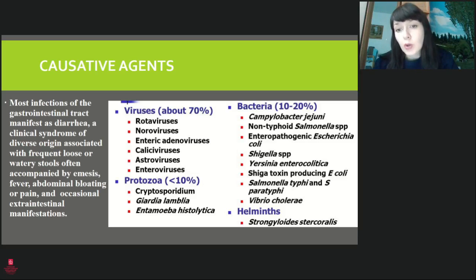About 10 to 20% are bacteria: Campylobacter, non-typhoid Salmonella, enteropathogenic Escherichia coli, Shigella, Shiga toxin-producing Escherichia coli, and Salmonella typhi, and less common protozoa and helminths.